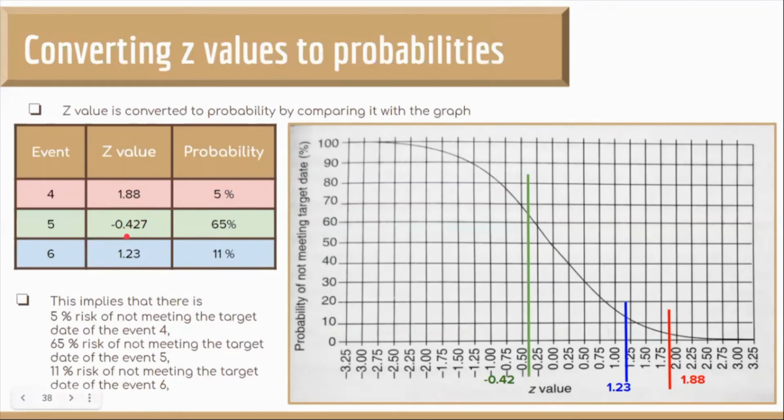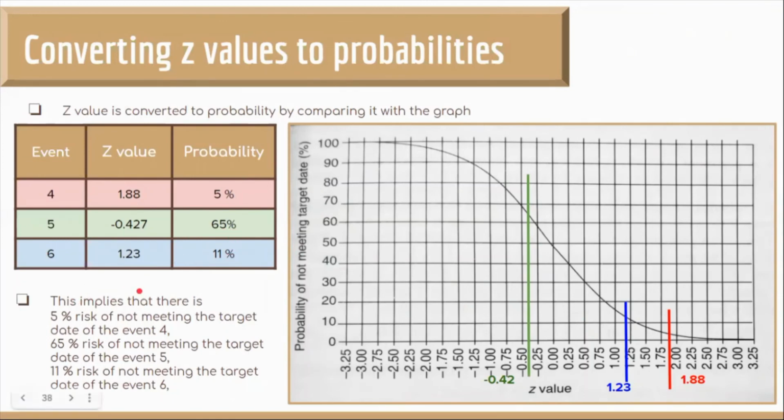Event number 5 has the Z value of minus 0.427, which will fall somewhere over here, and that cuts the graph at a place which is somewhere around 65%. Event number 6, which is represented using blue, is 1.23, which will fall somewhere over here, and that cuts the curve at this point, which is somewhere around 11. So the probability of not meeting the target date for event 6 would be 11%.